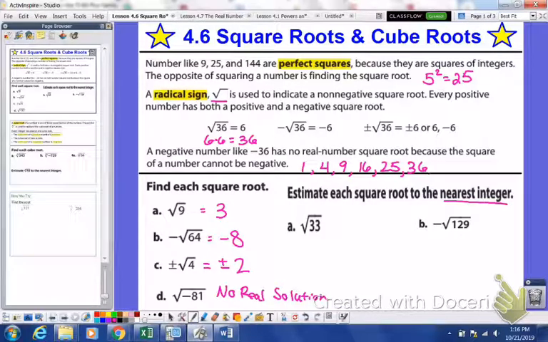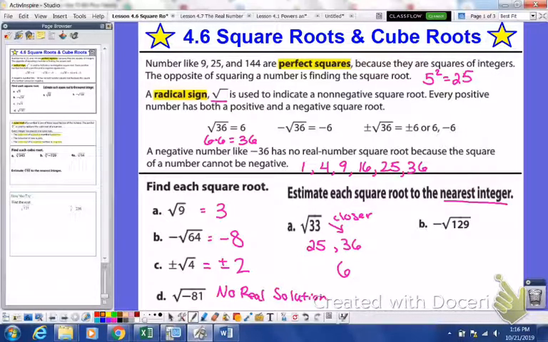Right there, 33 is between 25 and 36. It is closer to 36. Therefore, it would be closest to the square root of 36, which is 6. So to the nearest integer, it would be 6.